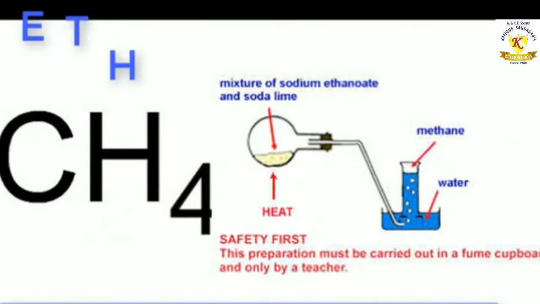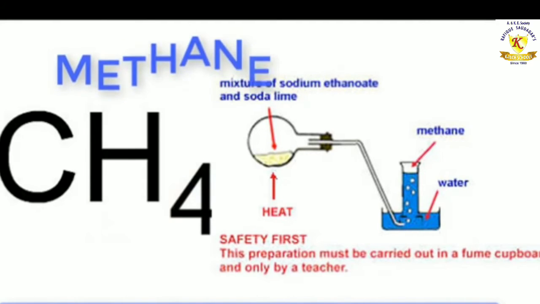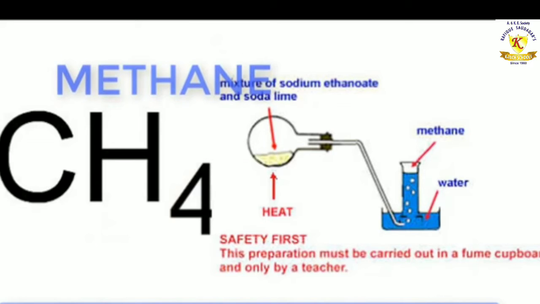The delivery tube must be withdrawn immediately after heating is stopped. This is to prevent sucking back of water into the hot flask.